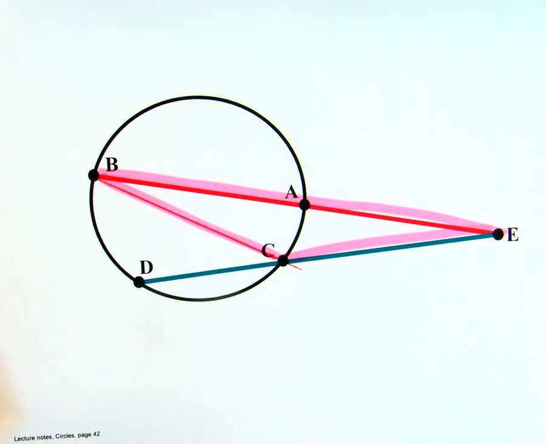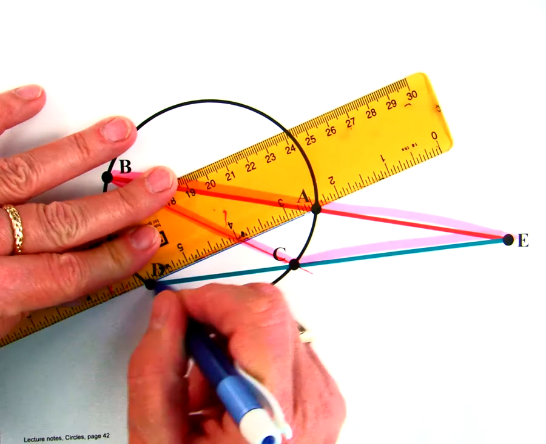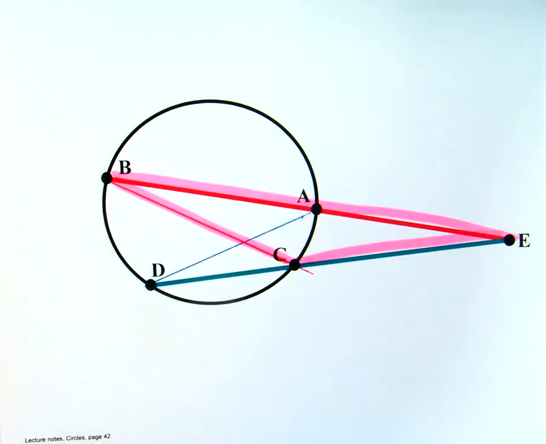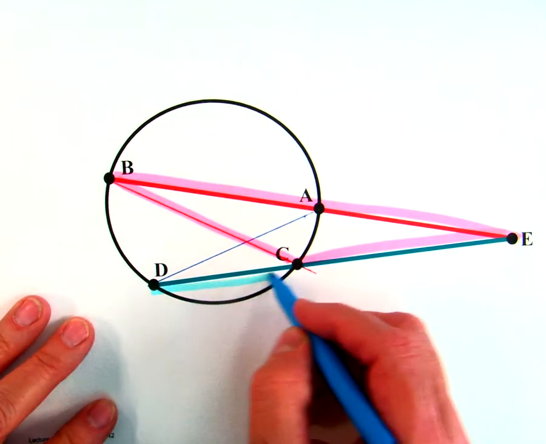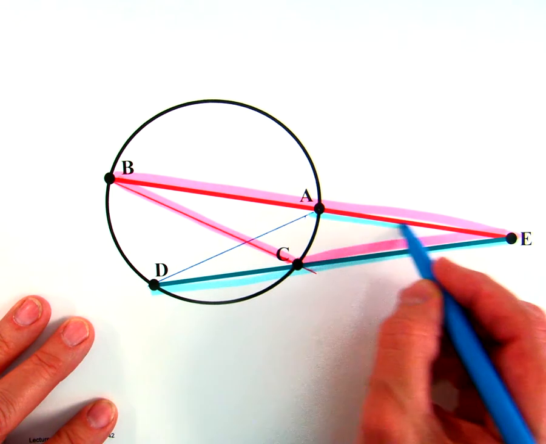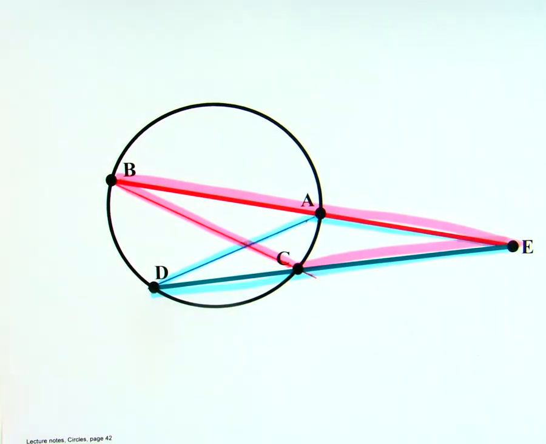Same idea. I'll draw a segment, a chord from A to D. And now I have another triangle, the lower one here, and it goes here with the blue ink. Two triangles. Well, I'm looking at those, and if they were congruent or similar, I could just have a good time, corresponding parts and all that stuff.